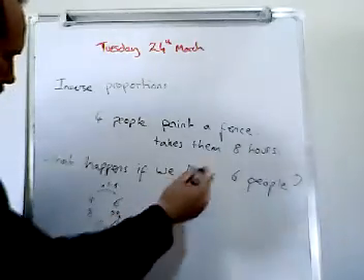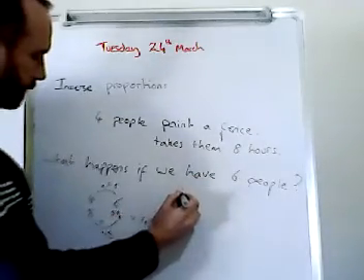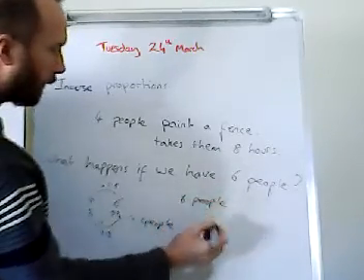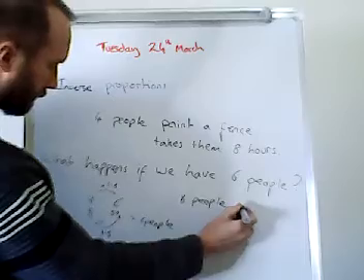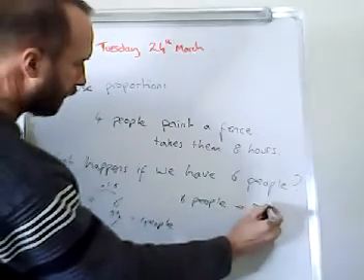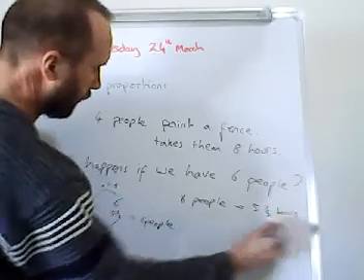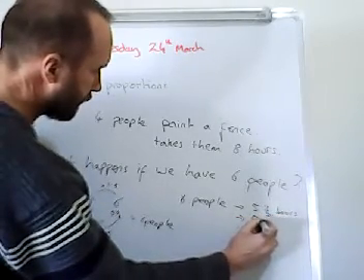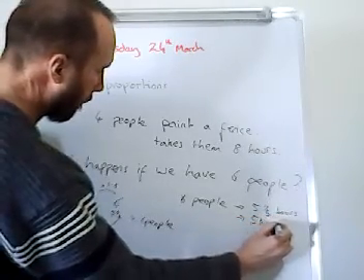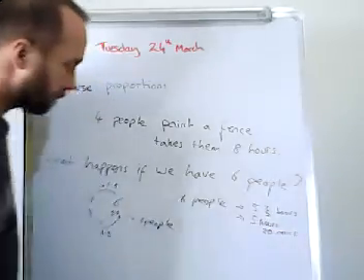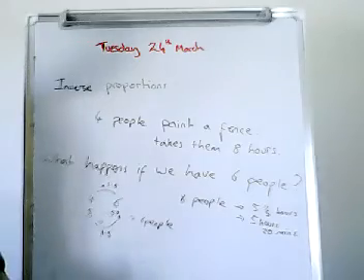So 6 people will paint the same fence in 5 1/3 hours. Or if you like, 5 hours and 20 minutes. Okay? I hope you got that.